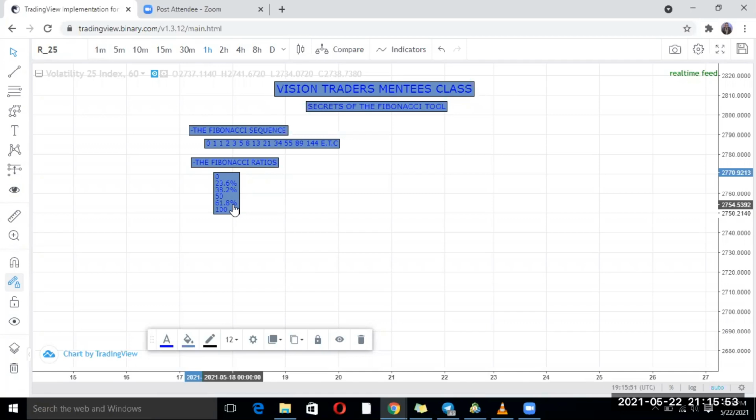So we all know that 61.8 is the key ratio in Fibonacci retracement. How did he get it from this sequence? It's very easy.